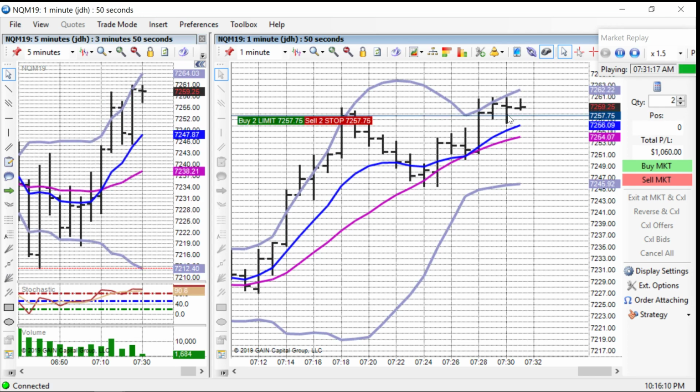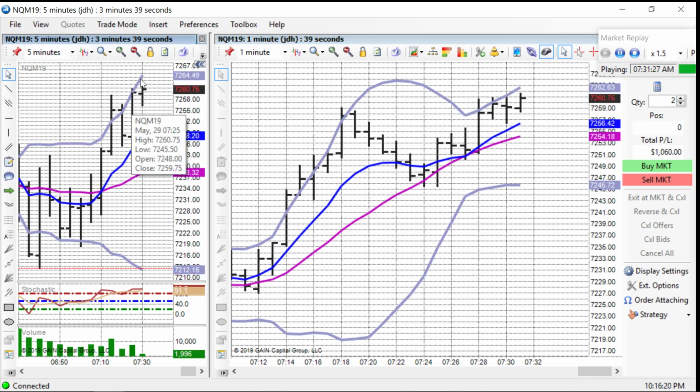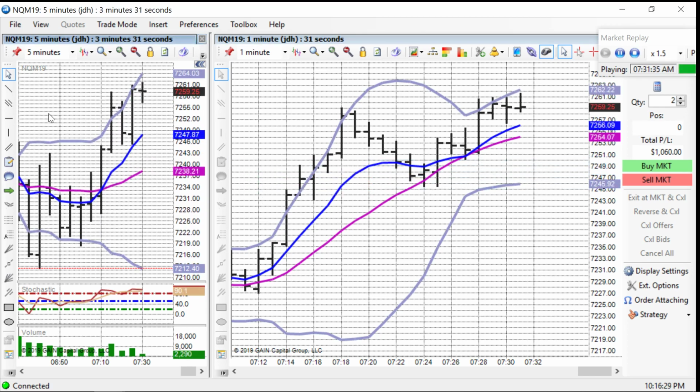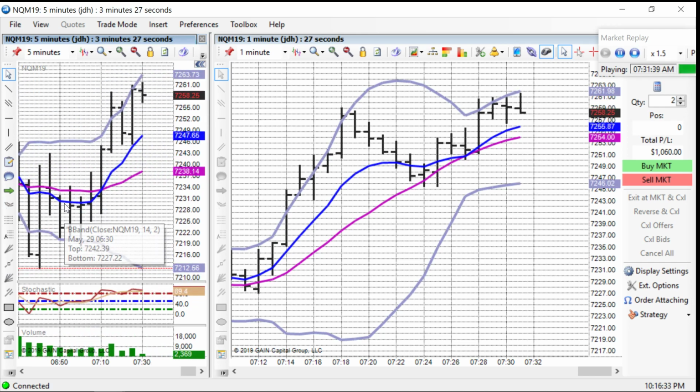Still looks like congestion. I'm not seeing a solid P3 point. And on the 5-minute chart, it's right up against that upper Bollinger Band, and the momentum's kind of petering out, because we're up against, if this were a previous resistance right here, we're not really breaking above that too well.